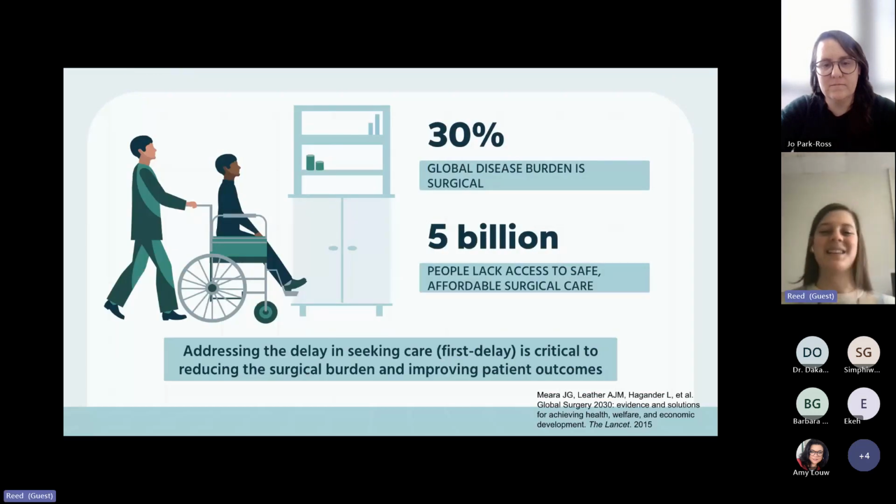So some stats that you are all very familiar with: 30% of the global disease burden is surgical, and 5 billion people lack access to safe and affordable surgical care. Addressing the delay in patients seeking care, or the first delay, is critical to reducing the surgical burden and improving patient outcomes in low and middle income countries.